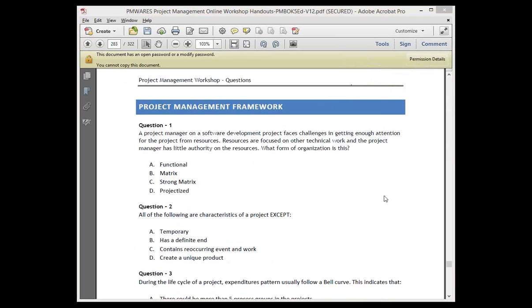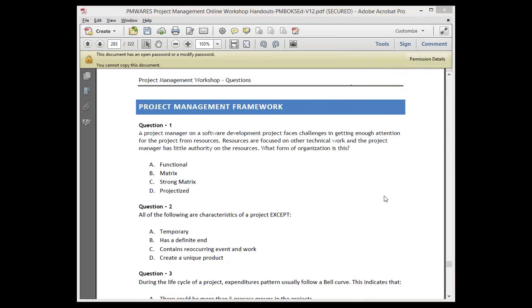So basically, what the question is saying, the project manager on a software development project faced challenges in getting enough attention for the project from resources. That means the resources are not committed to the project. Resources are focused on other technical work, and the project manager has little authority over the resources. So people are focusing on technical work, meaning they are focusing more on their functional work.